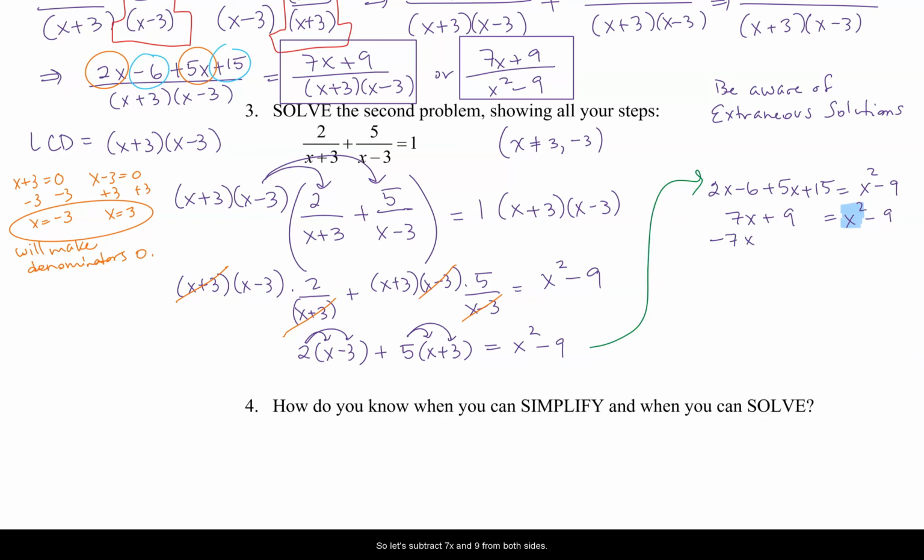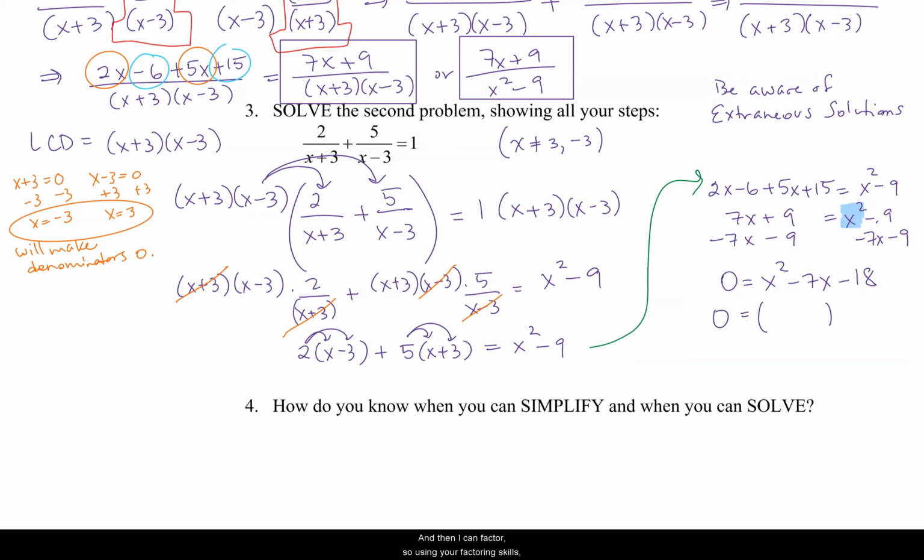So let's subtract 7x and 9 from both sides. 7x minus 9. I don't have x terms on the right side, so all of this on the left becomes 0. X squared minus 7x. Negative 9 minus 9 is going to give me negative 18. And then I can factor.